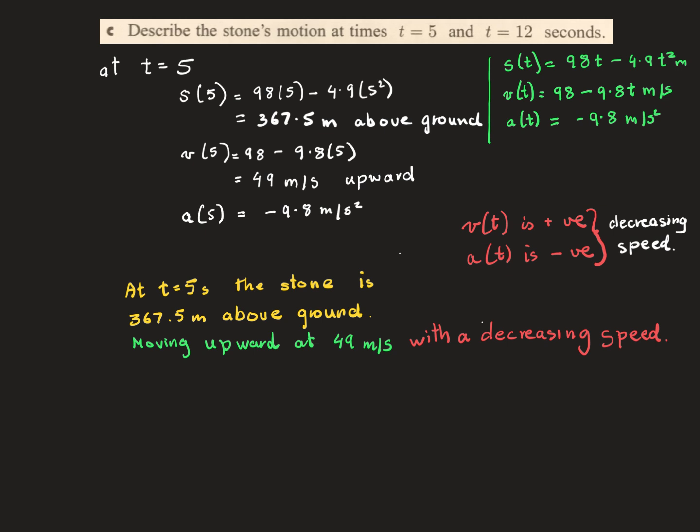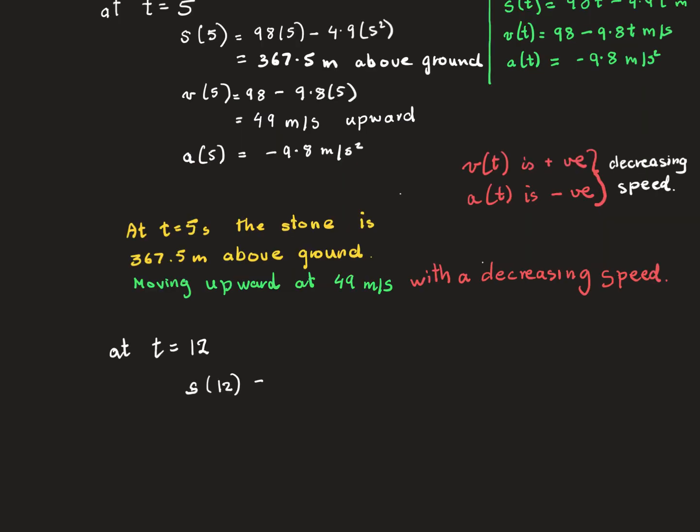Now let's look at time equal to 12 seconds. Simply inserting it into the formula, 98 times 12 minus 4.9 times 12 squared, and we should get 470.4 meters above ground.